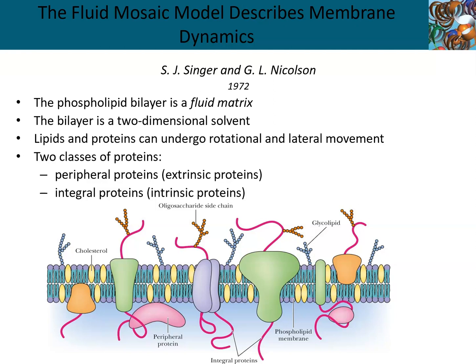And it was really proposed, a while ago, like 48 years ago, by Singer. And the model is just a proposition that the phospholipid bilayer is a fluid matrix. So there's a lot of mobility here. You can see that the proteins are set into the membrane, but they're not locked into a single location in the membrane.